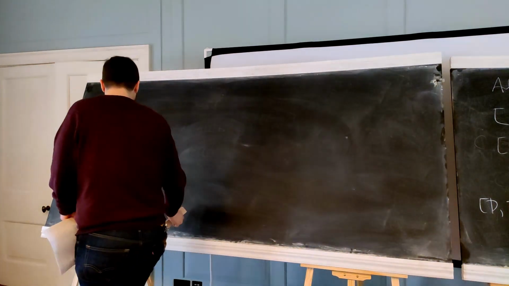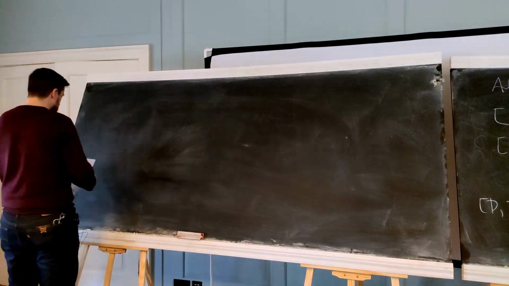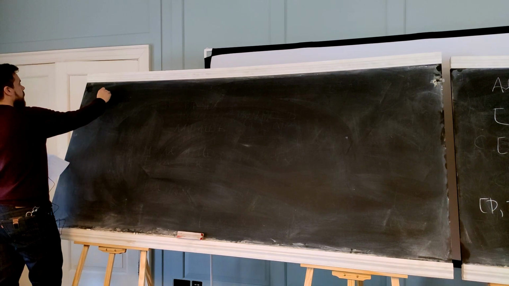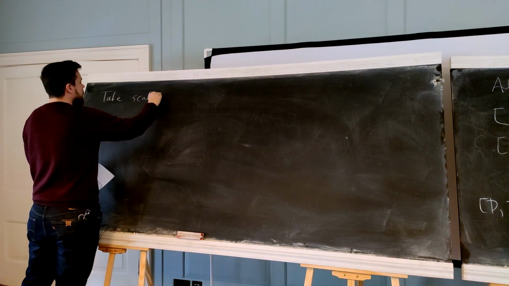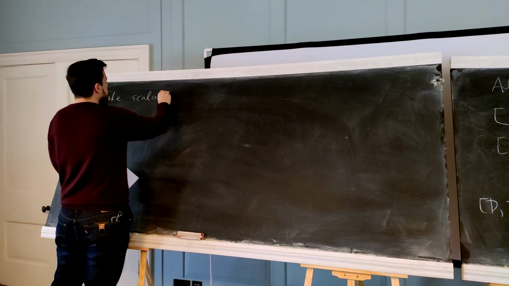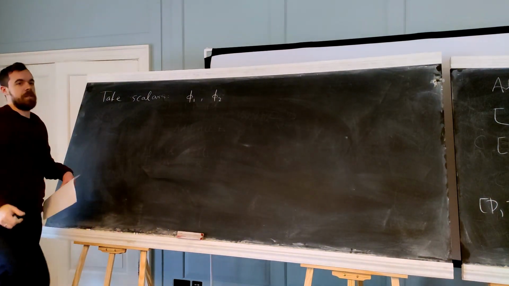Of course, you already use this. For example, in a Lorentz invariant theory, take, for simplicity, scalars, say phi1 and phi2. These are in general two different scalars.